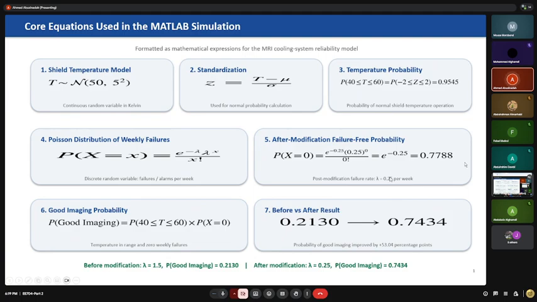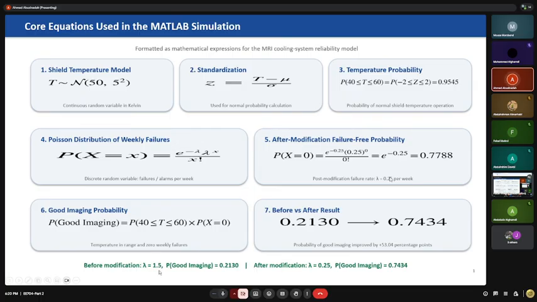It will give us improved good imaging, around 77%. And B, the probability of good imaging between 40 and 60 Kelvin: before it will be 0.21, and after it will be 0.74, a probability increase of 53 percentage points.